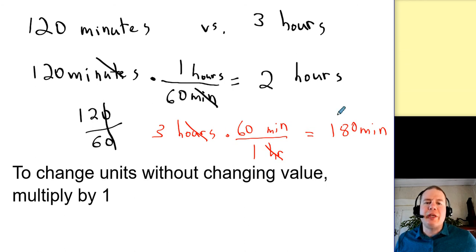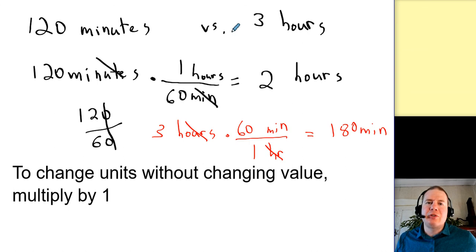Now this is the same exact way that we multiply for fractions. Let's say I want to add 4 plus 2/3. Well, 4 plus 2 is 6, but that doesn't mean anything. If I said 120 minutes plus another 3 hours, how long did I sit in my dark room watching these two movies? It's not 123 anything, right?